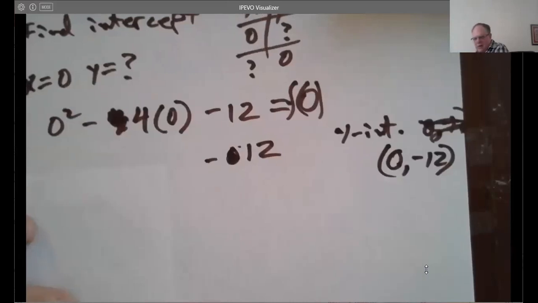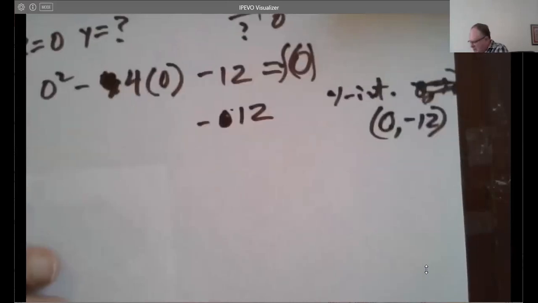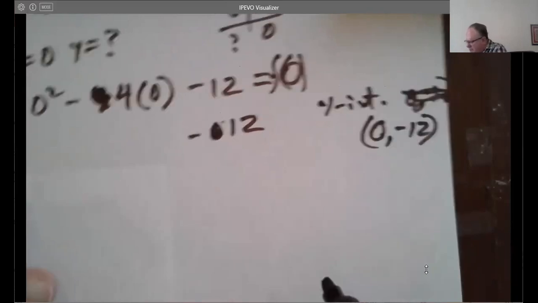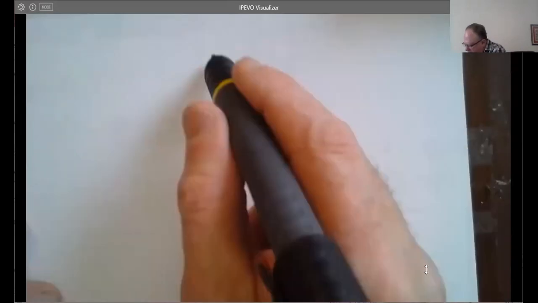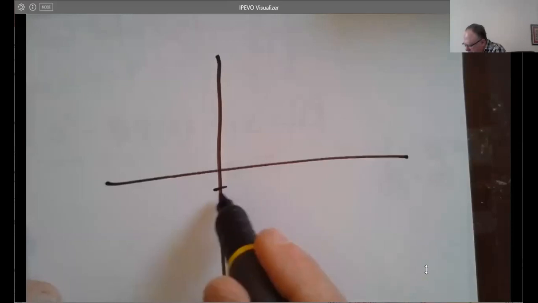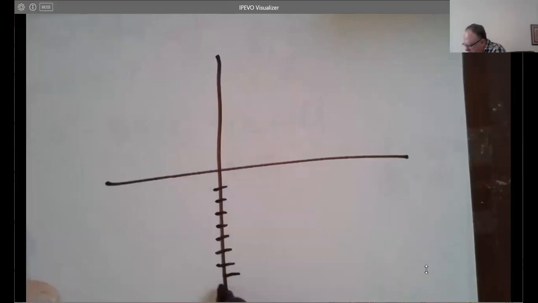Okay, so I always like to graph as I'm working through the problem. And I'm going to do that on a separate piece of paper so that we have enough room. So 1, 2, 3, 4, 5, 6, 7, 8, 9, 10, 11, 12. So here's negative 12.